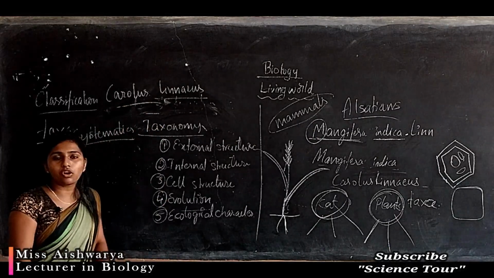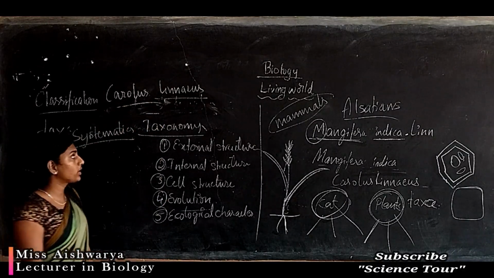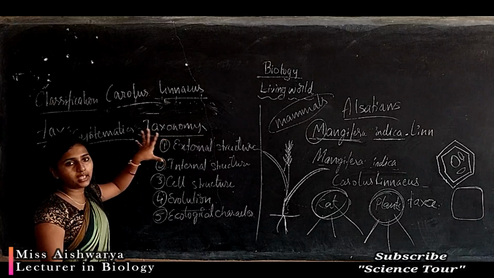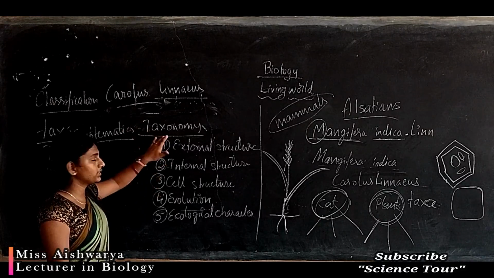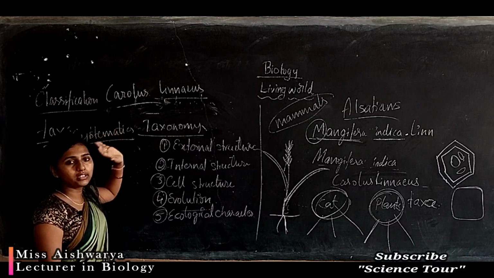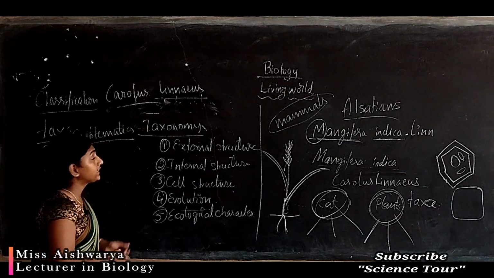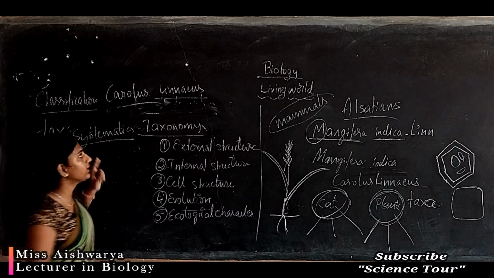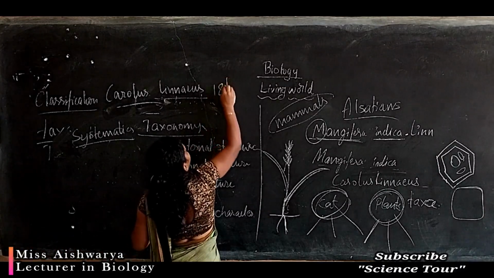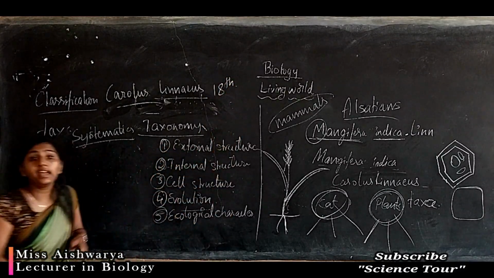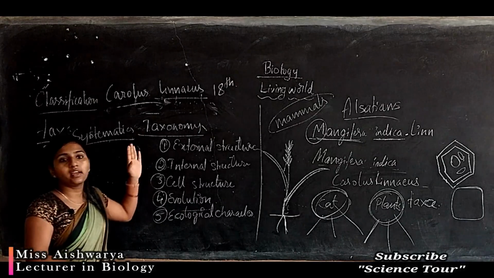Carolus Linnaeus is called the father of taxonomy, who first started the naming process, who gave all the terms, taxonomy, systematics, and this classification was done in the 18th century. It was done in the 18th century, long back.